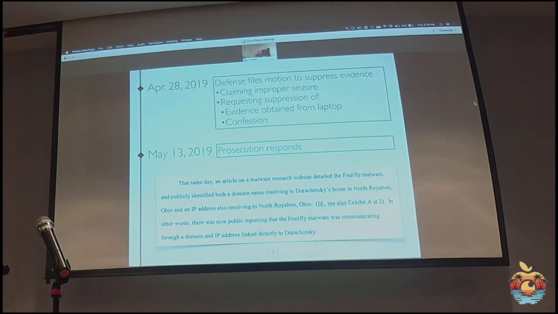And there's apparently a precedent for that, so I don't think that the defense is going to have a case here. But it still concerns me that something that I did might potentially lead to Durachinsky getting away with what he did, and the evidence against him is pretty strong.